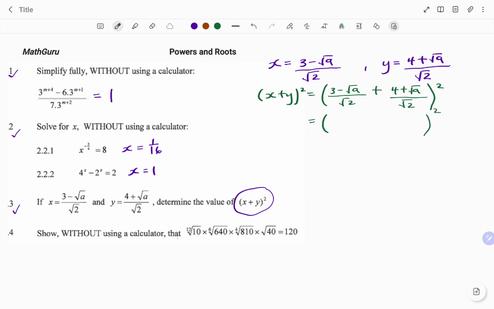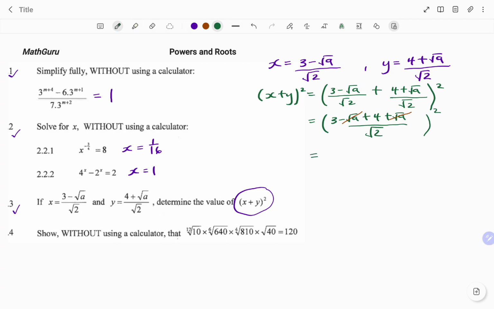So I have that raised to the power of 2, and because the denominators are the same, I'm going to place them under the same denominator, root 2, and then for my numerator, I have 3 minus root a plus 4 plus root of a. Note that minus root a plus root a cancels out.